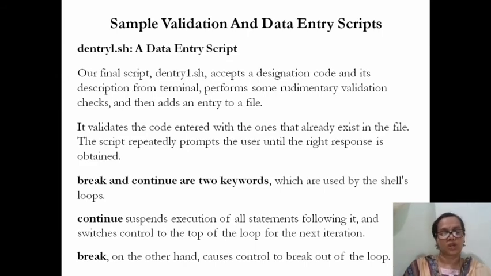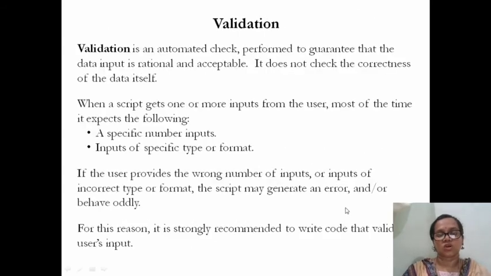The break, on the other hand, causes control to break out of the loop. So this is what it will be doing. Whatever I told you is purely in terms of the sample database which we keep using throughout our examples.